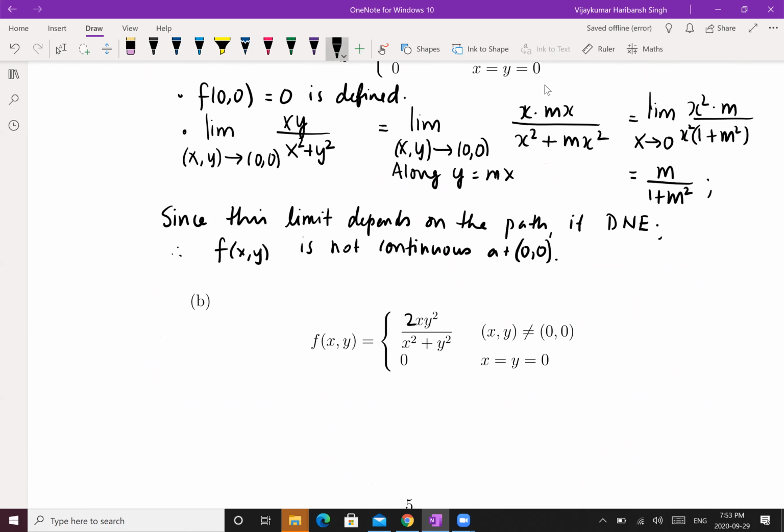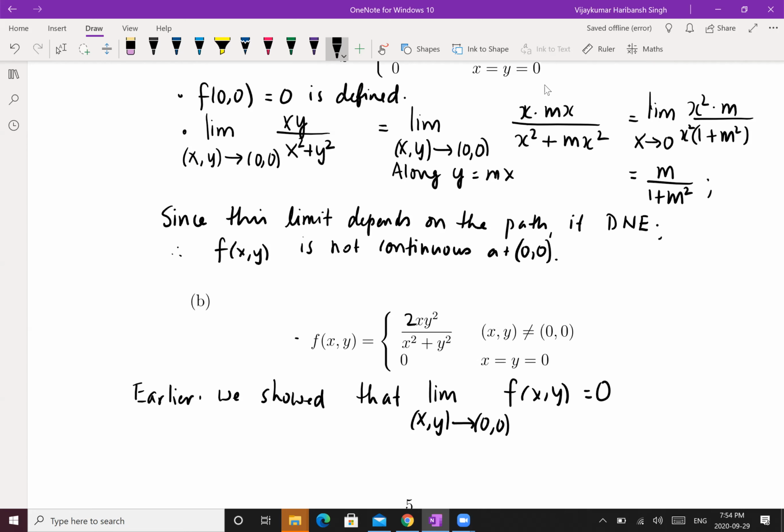So earlier we showed that the limit as (x, y) goes to (0, 0) of xy equals 0.